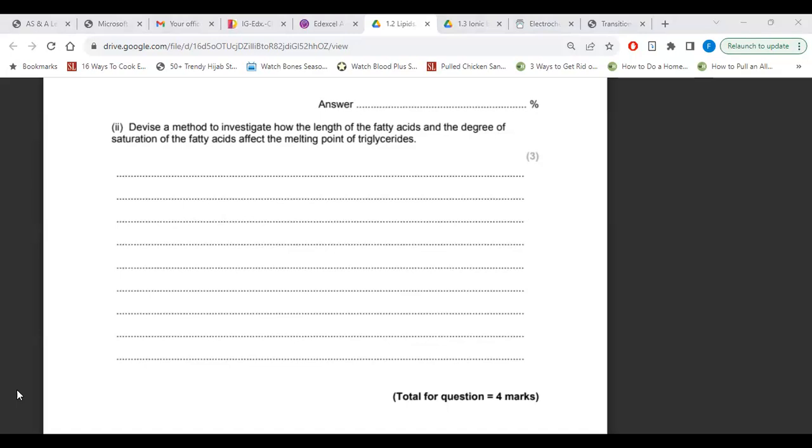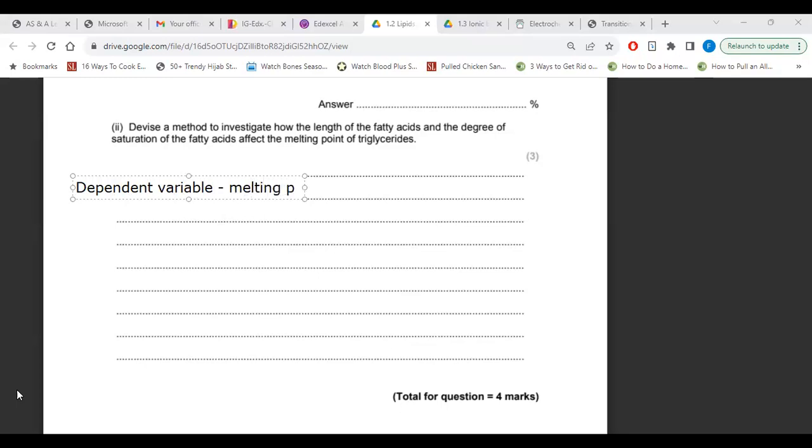Now, I will give you a basic answer for this as well. And just because we are practicing, I will give you a little bit more detailed answer in terms of what you can write down in unit 3. So we have got the basic methodology down. Let's mention our dependent variable. Our dependent variable is the melting point, right?